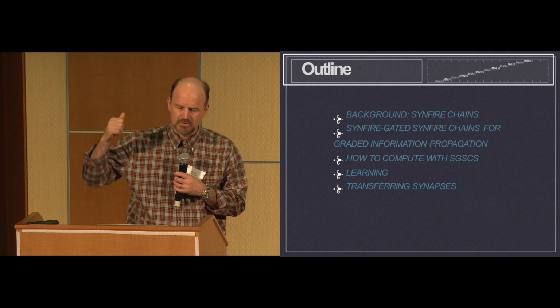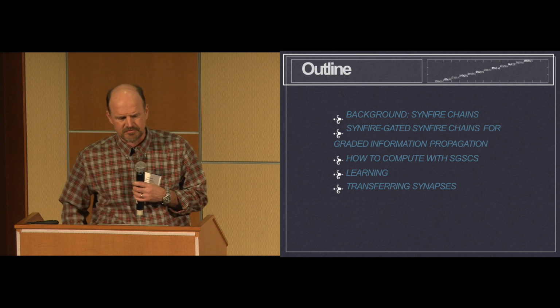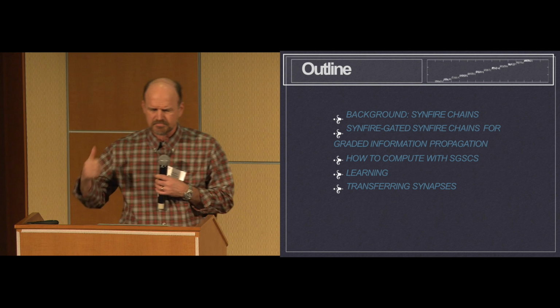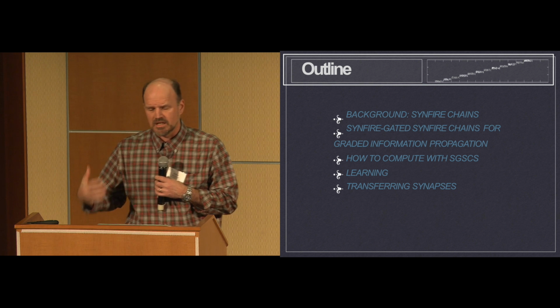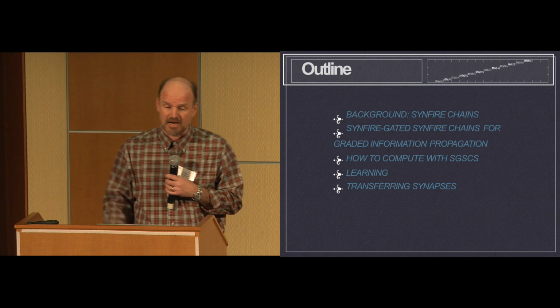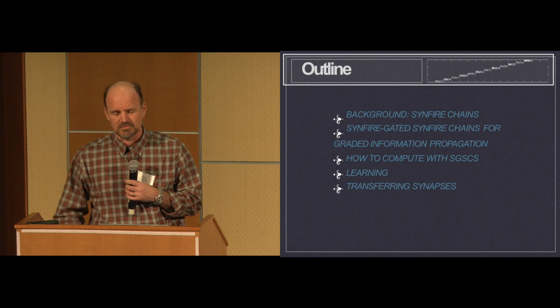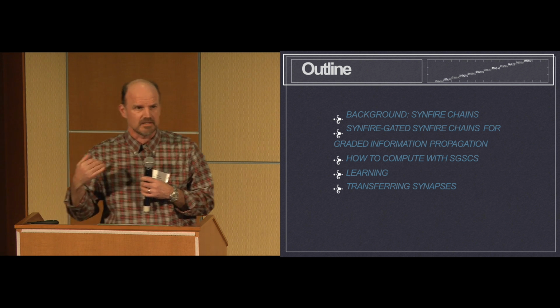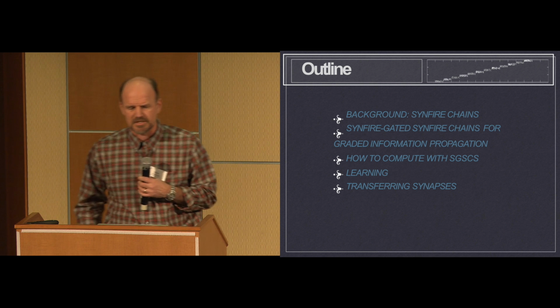To talk about the mechanisms that we use for pulse gating, I'm going to first talk about Synfire chains, which are going to be a straw man that I'm going to knock down, and then I'm going to talk about something that we call Synfire-gated Synfire chains, which are capable of propagating graded information.